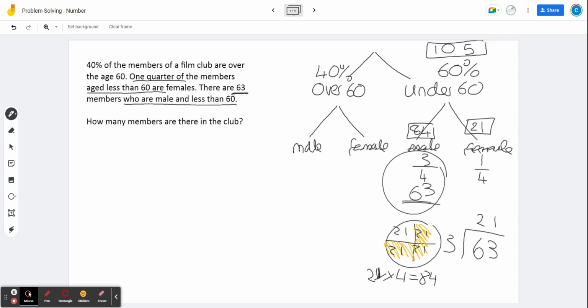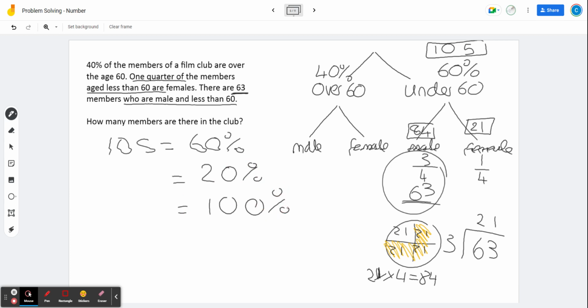And over here, if 105 people represent 60%, sorry about the wiggly board, again I'm going to break that 60 down to a number that can get me back up to 100. For example, I can get it down to 20%, and if I find 20%, that can get me to the whole, which is 100%, all the people in this club.